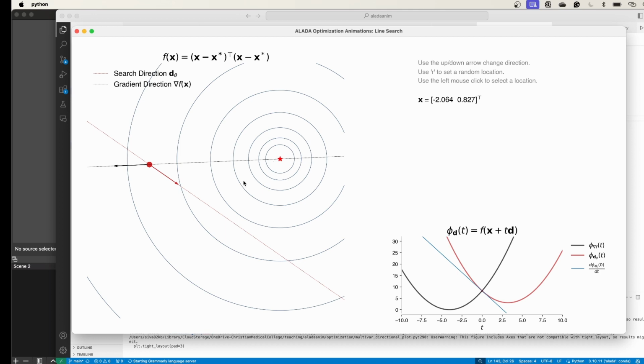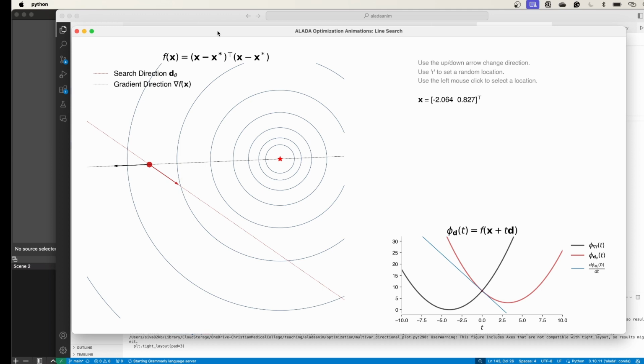Now, if I move along this line and plot the value of the function as I move along that line, that's this black curve. And this red line is any direction dk, some arbitrary direction that I choose.